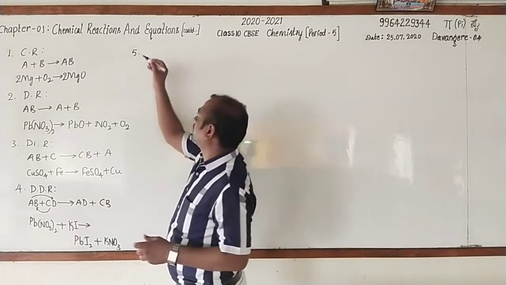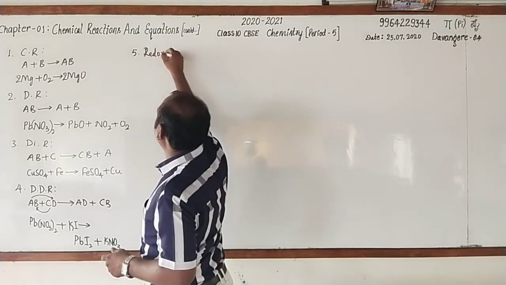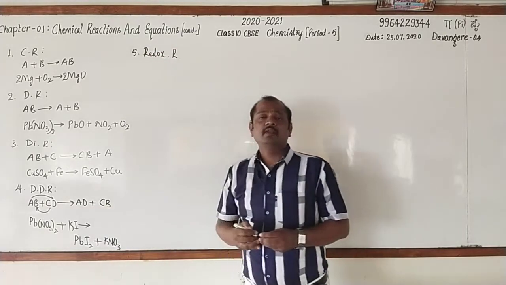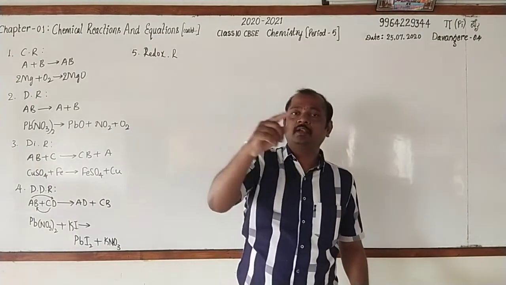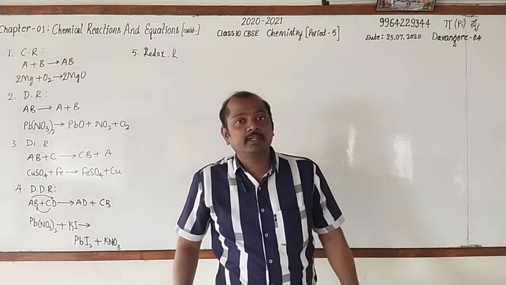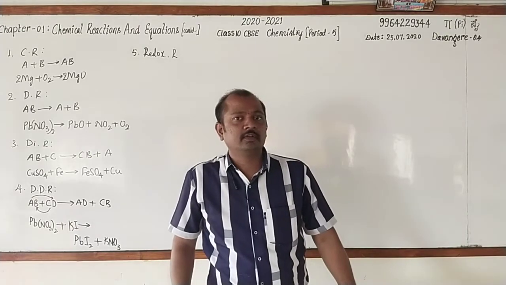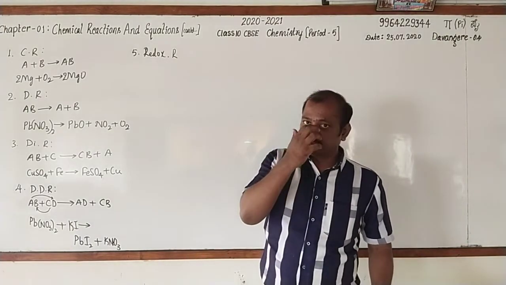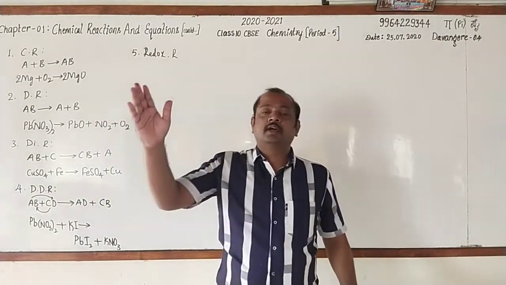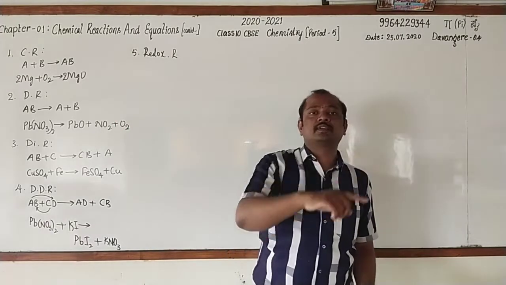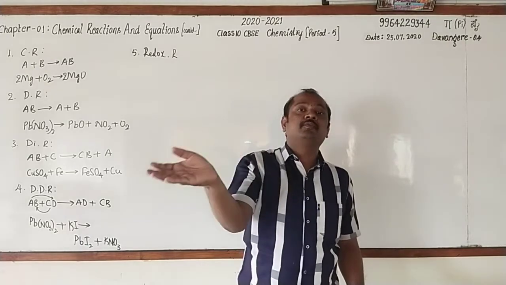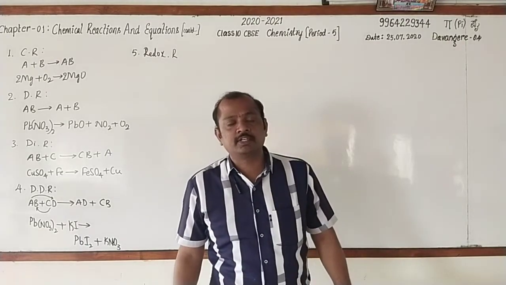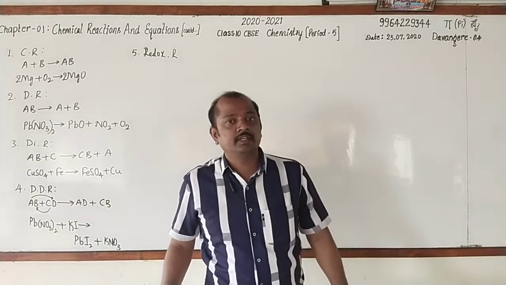And the fifth one is redox reaction. According to this, it is the type of chemical reaction in which oxidation and reduction take place simultaneously. Is it not? Then what is oxidation? That is the addition of oxygen to a substance or removal of hydrogen from a substance in a chemical reaction is called oxidation.